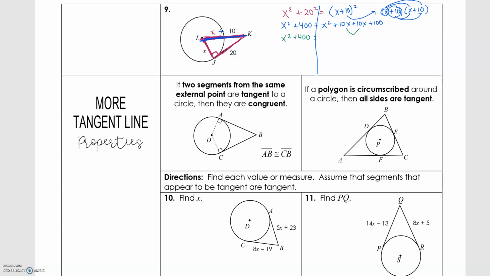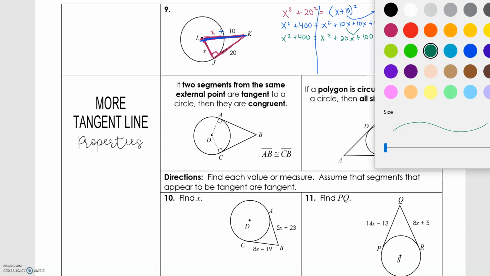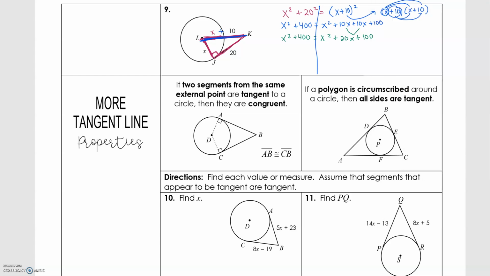10x and 10x join together, which gives me 20x, and then 100 is just 100. Alright, so now I start combining my like terms. So I'm going to take off x squared here and take off x squared here. So those cancel.